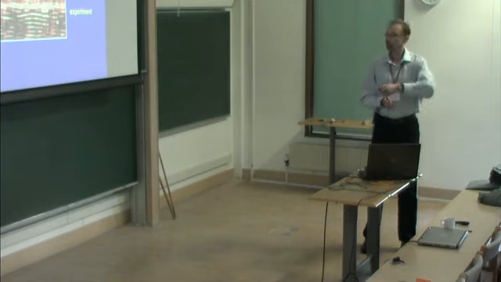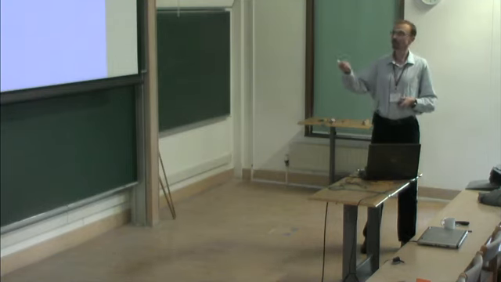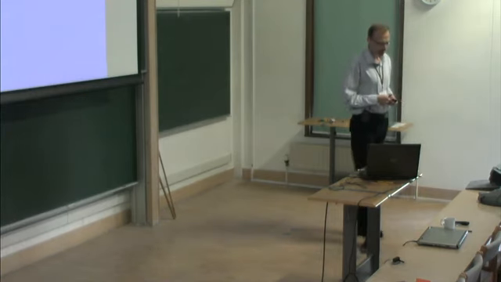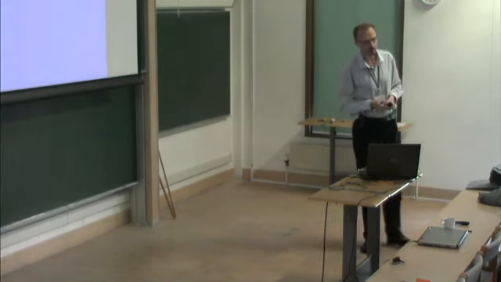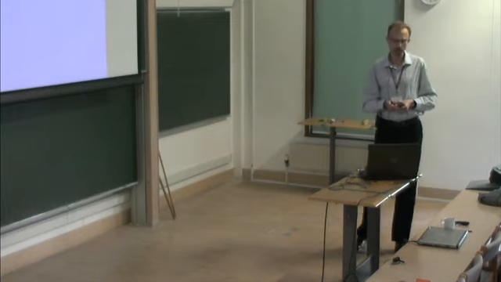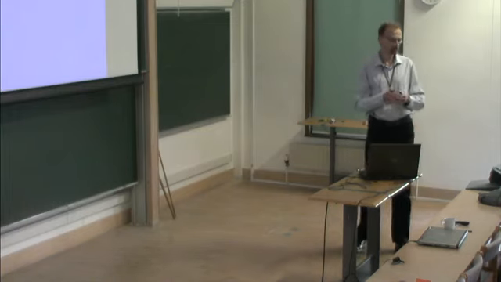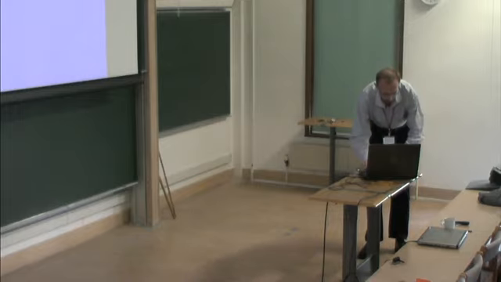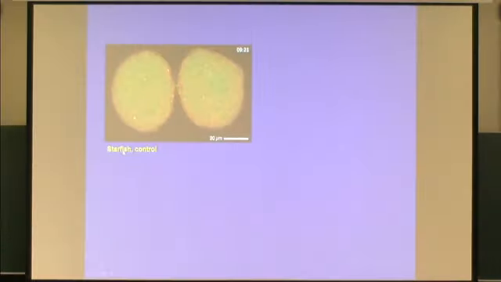Right. Let me continue. So finally, in the mitotic cells, we found that the wave pattern is not only modulated in time, but it's also modulated in space. So if you look at this cell, you will see something very interesting.